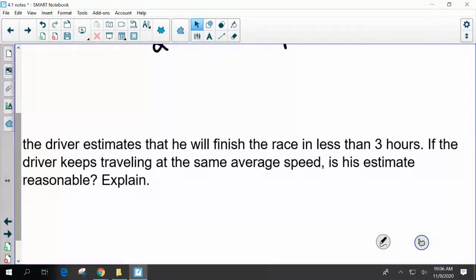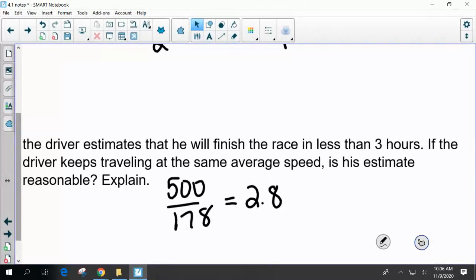So how many hours is it going to take him to do 500 miles? 500 miles divided by 178. Maybe like 3.5. No, so no. 2.8. So is it reasonable for him to say that he will finish in less than 3 hours? Yes, that would be reasonable because you're just under 3 hours.